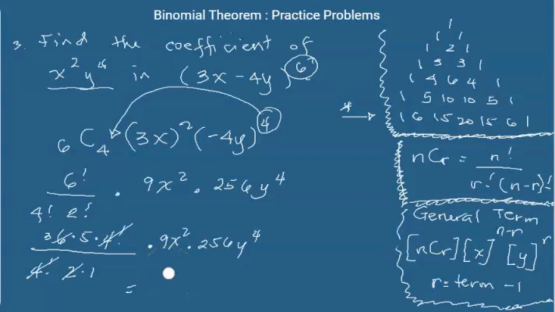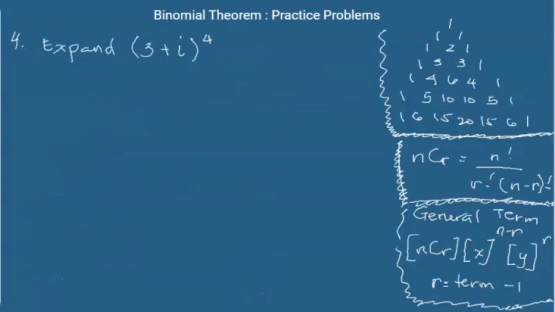And the answer is 34,560 x squared y to the 4th. But we're only asked for the coefficient, so we only need 34,560.